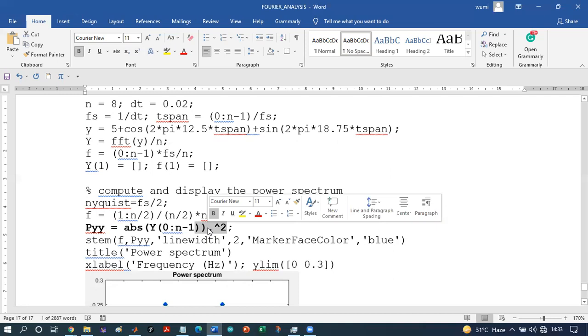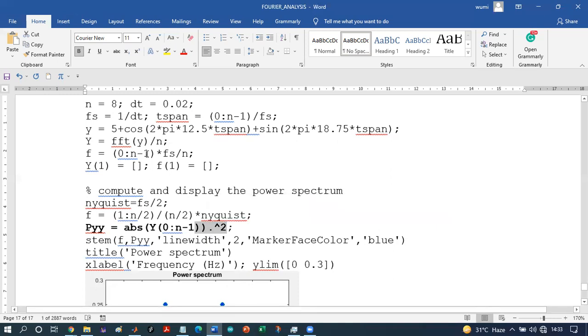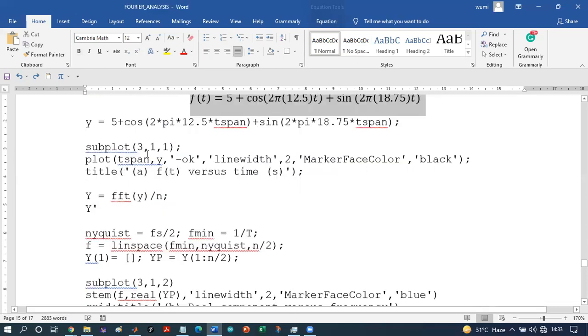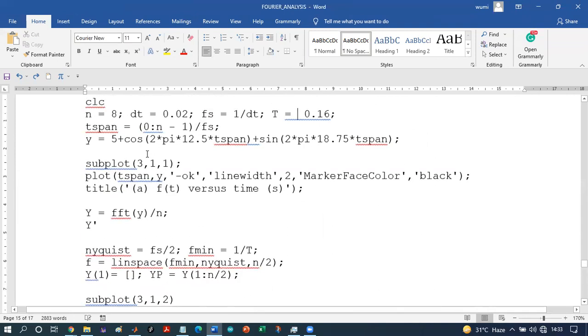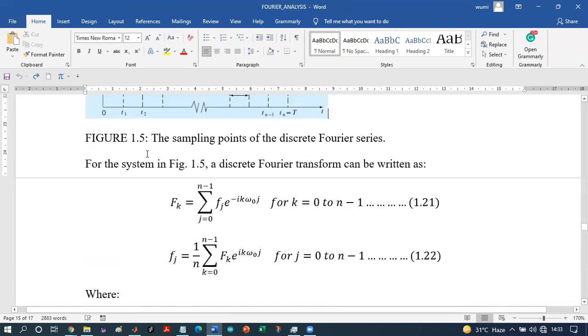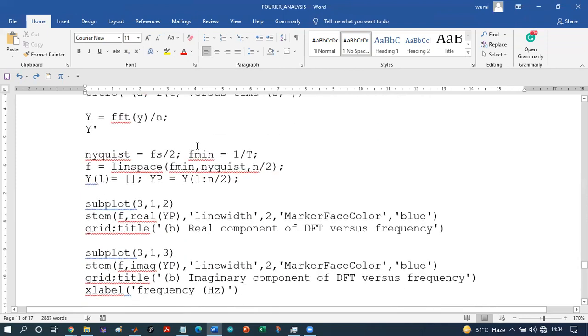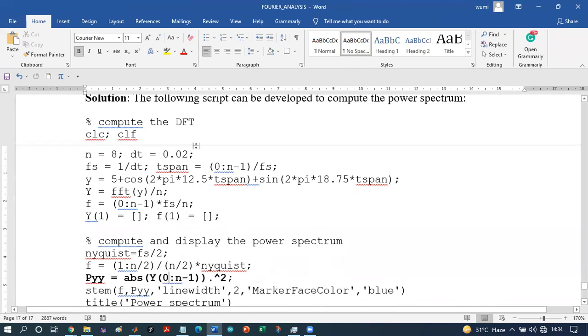It depends on the question. If the question says you should plot the power spectrum from 0 to the last value, then this is what you use.